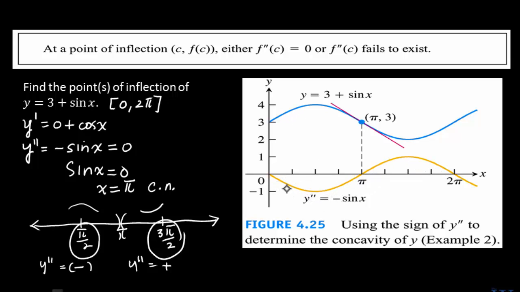Which is consistent. If the second derivative is negative, that means the original graph is concave down. The sign, S-I-G-N, of the negative sine of x is positive from pi to 2 pi. That's why it's concave up. So we say that (pi, 3) is a point of inflection.